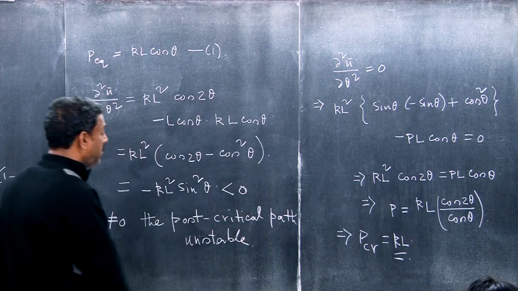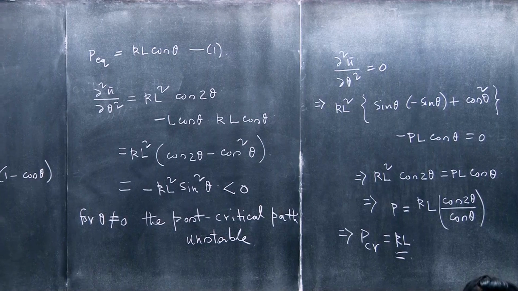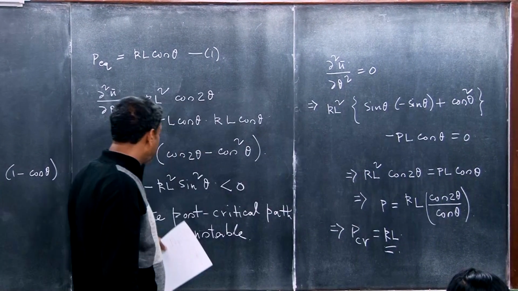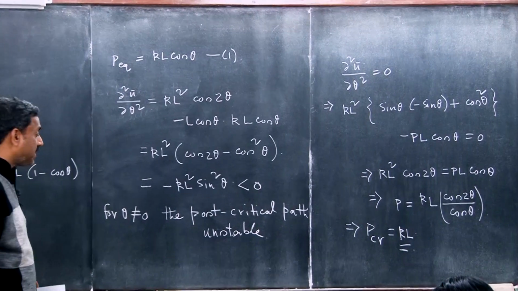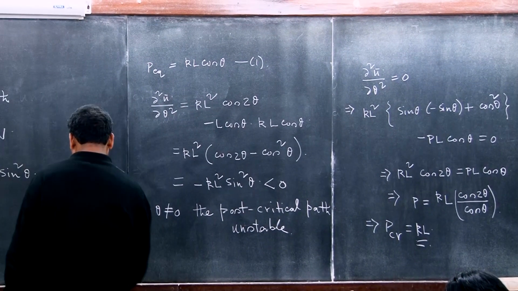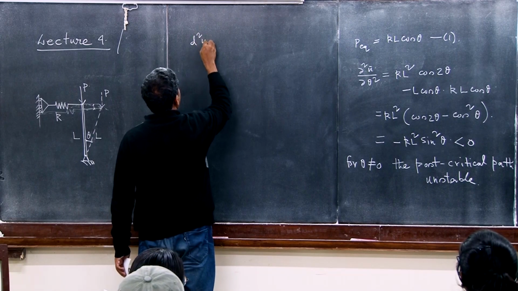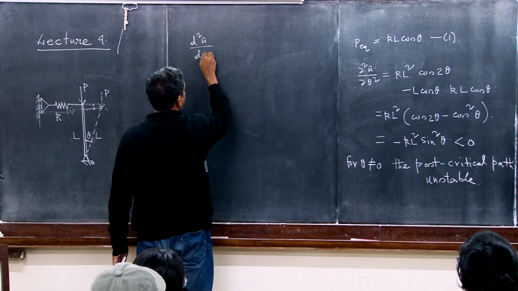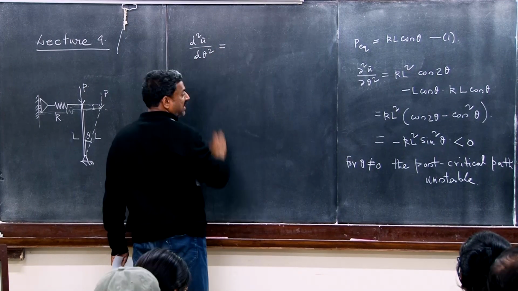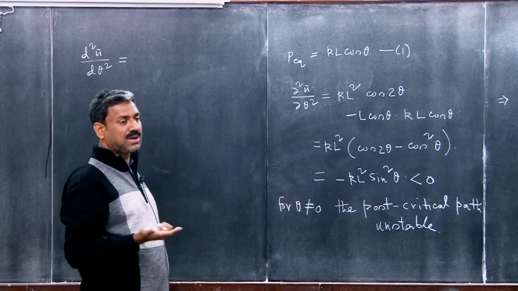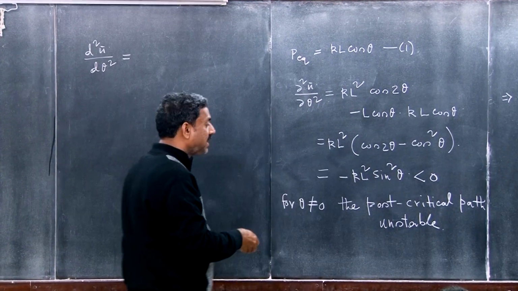So, that we understand. Bifurcation will occur at the critical load K L, and then it will lead to an unstable post critical path, right, clear. Now, what will happen at del 2 pi d theta 2? Please note that although I am writing partial, it can basically be a total derivative because there is only one variable, right.